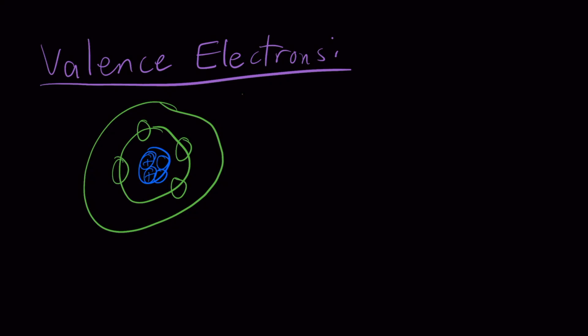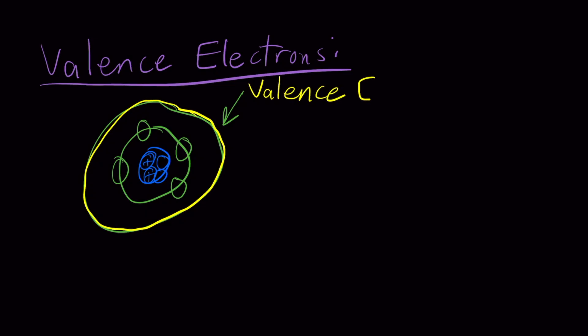The furthest shell from the nucleus is where the valence electrons are. So these are valence electrons, not these.